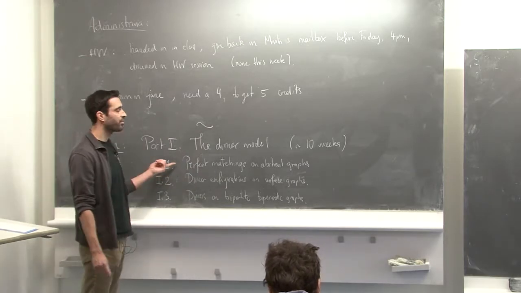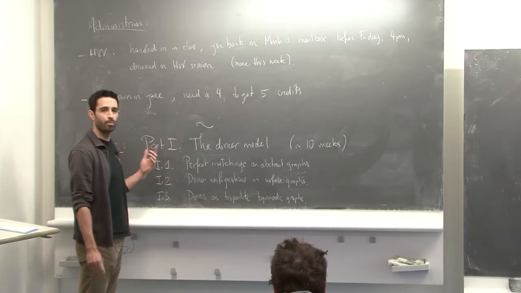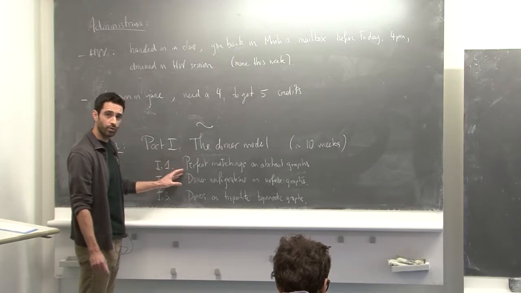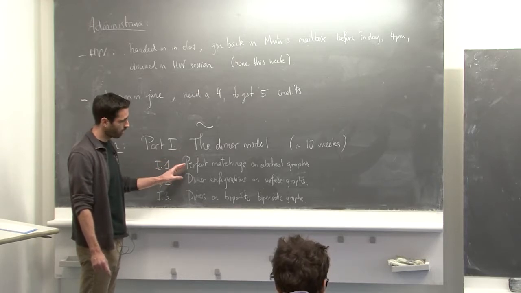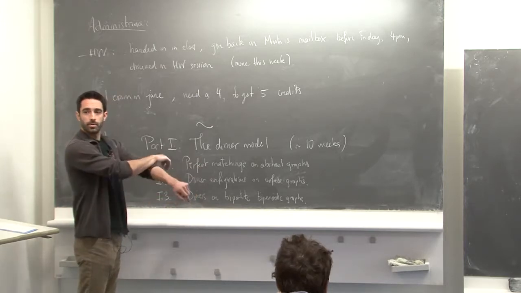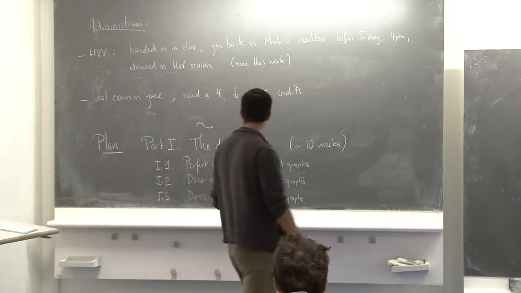So I will start by asking very general questions that are in full generality impossible to answer, but then we'll see that if we move to surface graphs, we can say quite a bit. If we move to biperiodic graphs, we can answer all these questions, basically. It's going to be moving in this direction.